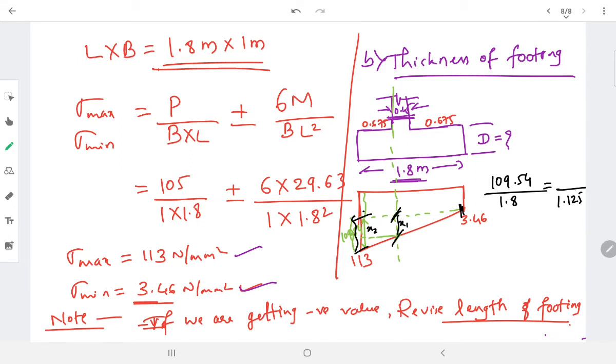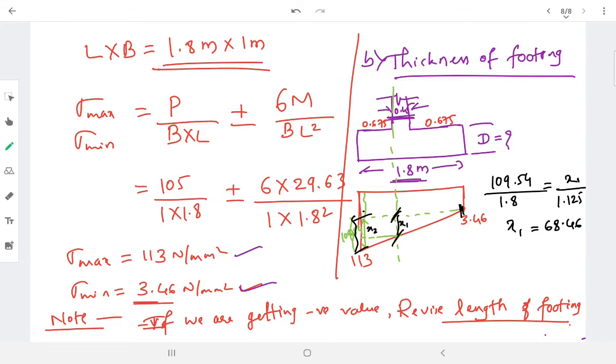So it is 1.125 and 109.54 is this one. If you calculate that x1, you are getting it as 68.46. Just check that value. 109.54 divided by 1.8 into 1.125.